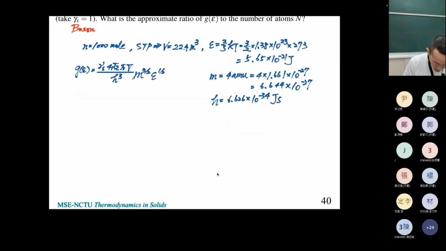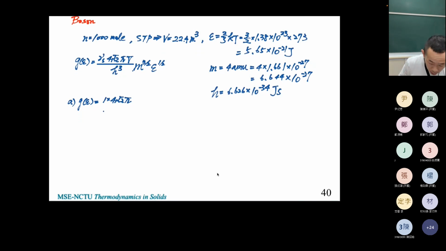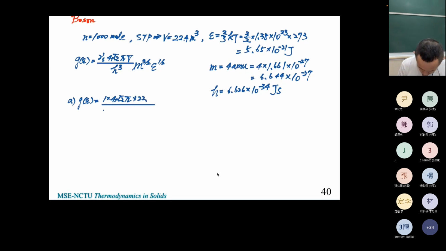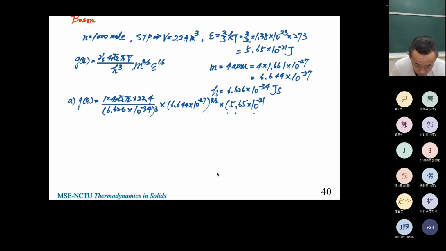You can get G epsilon equal to 1 times 4 square root 2 pi times 22.4 over 6.626 times 10 to minus 34 cubed, times 6.644 times 10 to minus 27 to the 3/2, times 5.65 times 10 to minus 21 to the square root.